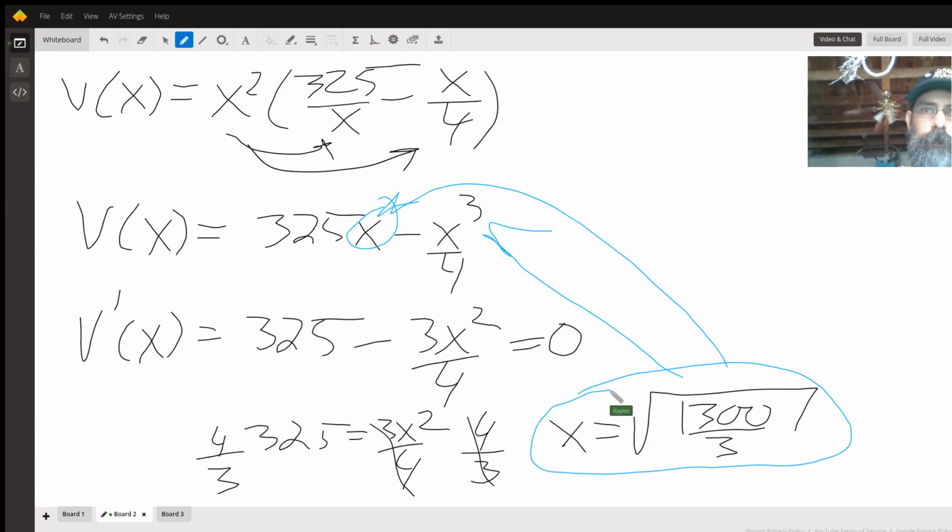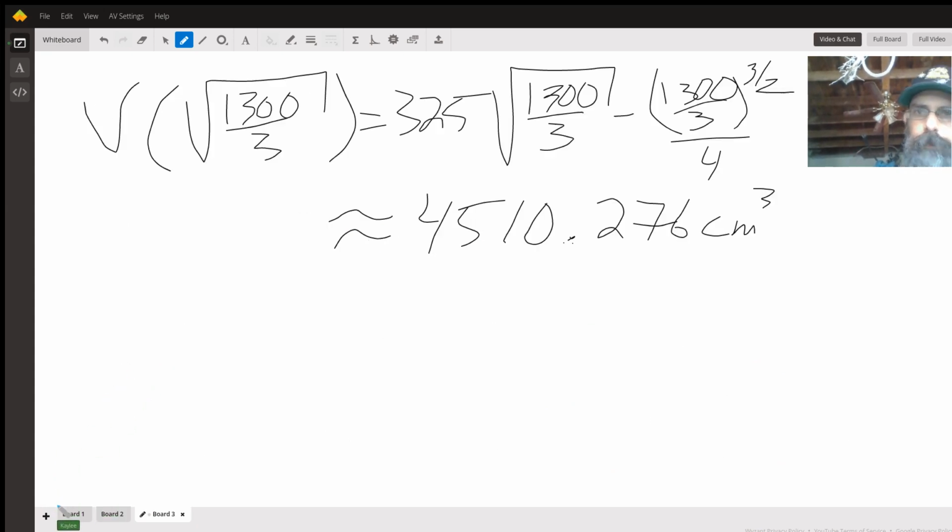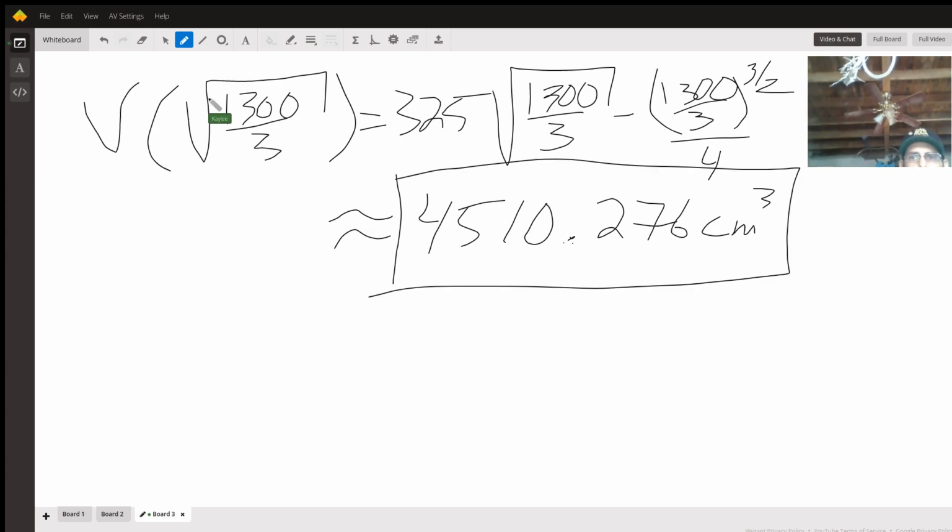You wind up with something like 4510.276 cubic centimeters. And that is your maximum volume.